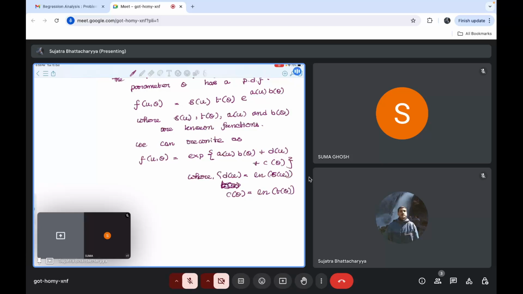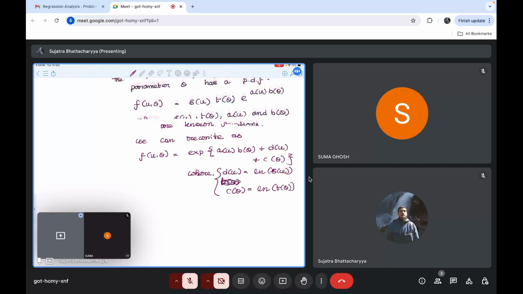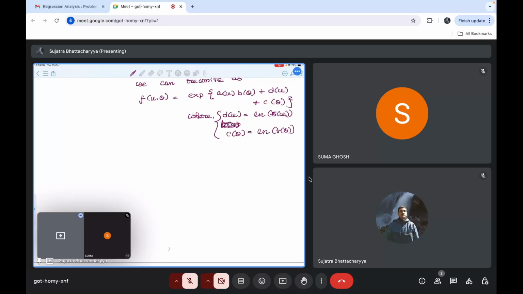These are the two. This is how we can generalize it within the exponential function. Any distribution which follows this kind of function can have its PDF written like this, and there we can apply the generalized linear model.